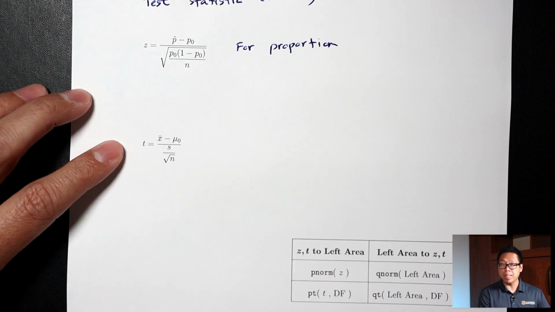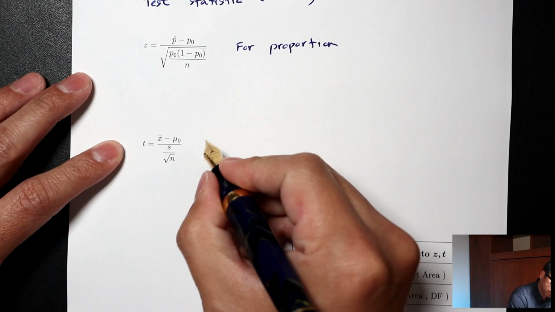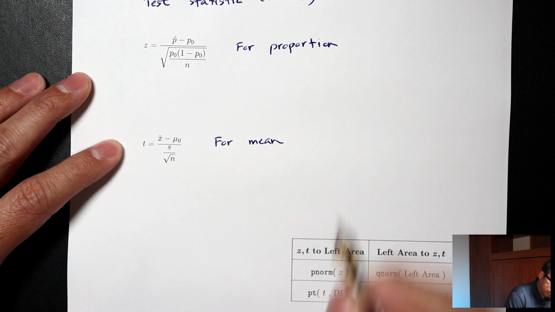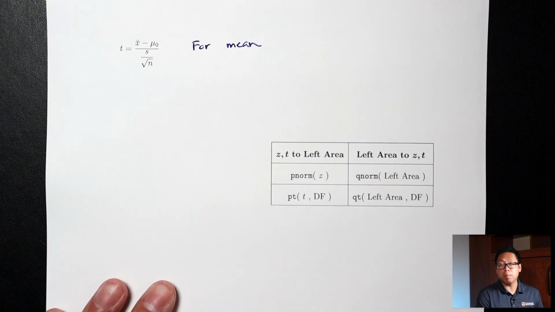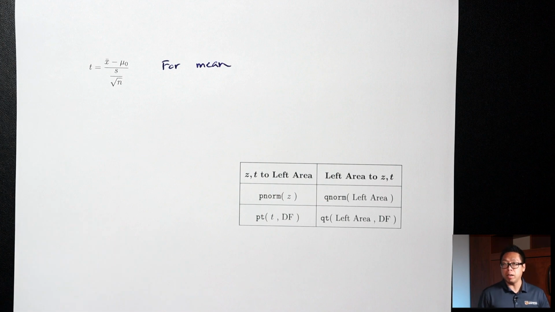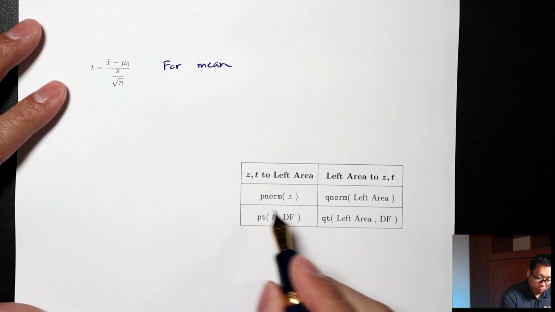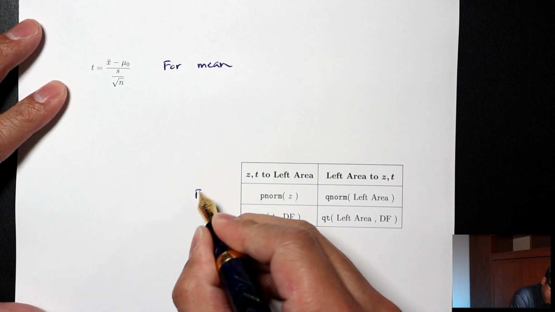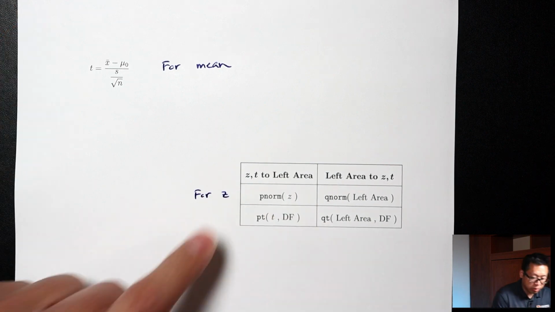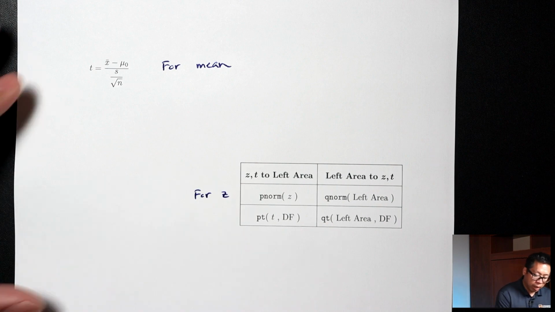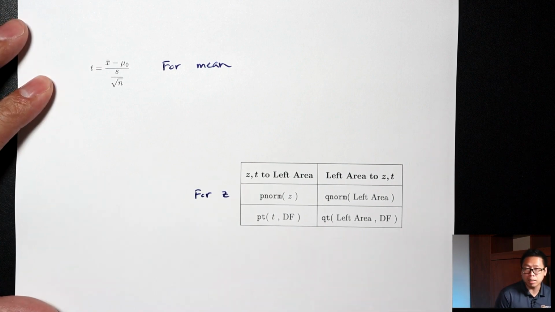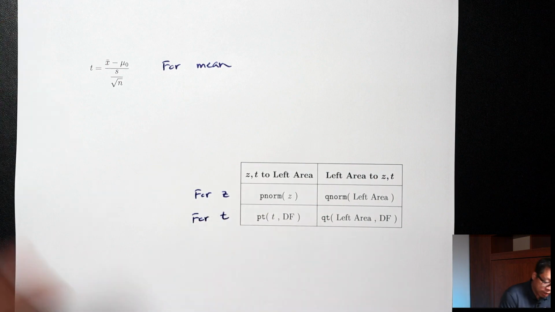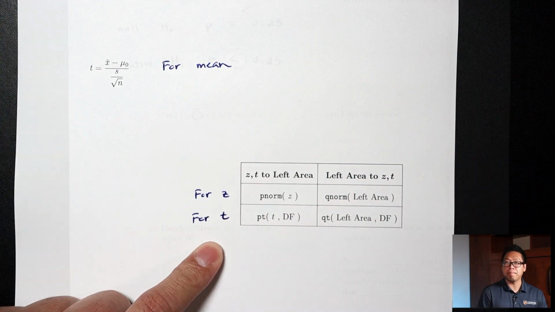The second one with the T is for the mean situation. And the box at the bottom, these are the R commands that you'll need later on. The first row, P norm, Q norm, we've seen those before. That's going to be for Z's. And remember, Z's go with proportions. And then the second row, PT, QT, that's going to be for the T's. And T's go with means.